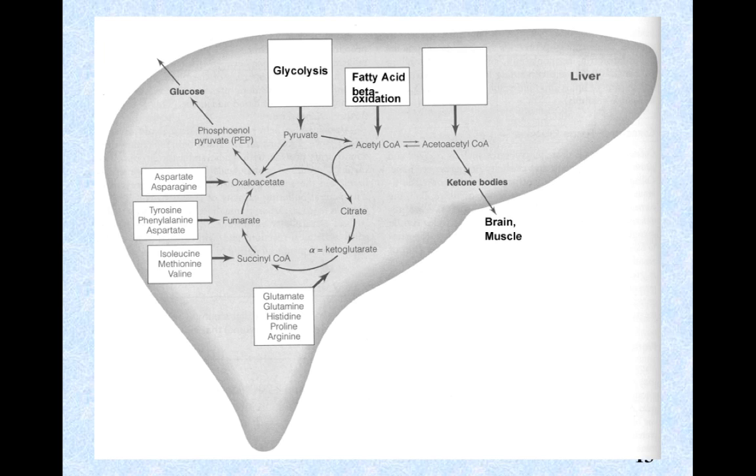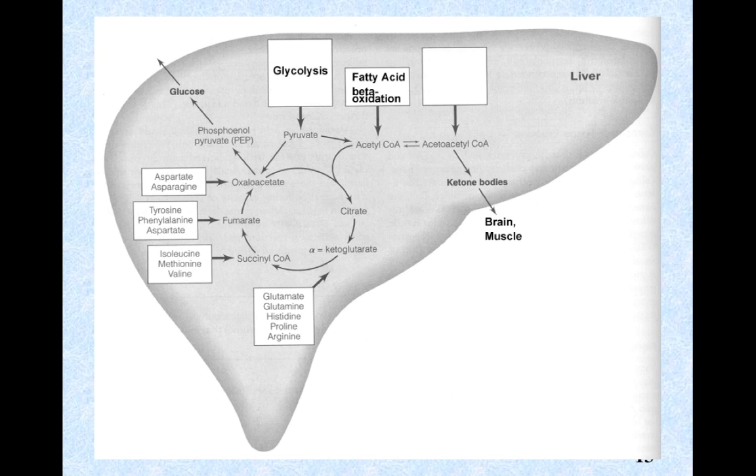So the brain either needs to run on glucose or ketone bodies. Ketogenesis occurs basically to provide the brain with an energy source when glucose is limiting.